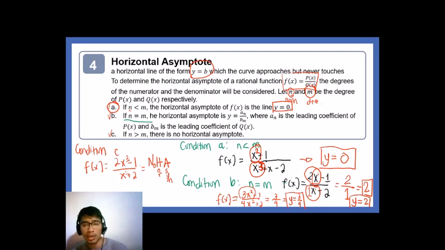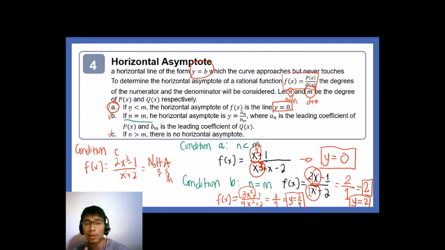Okay, so condition A, the denominator is greater, so automatically y is equal to 0. For condition B, if they are equal, you divide the numerical coefficients of the highest degree terms, and that is now the horizontal asymptote. For condition letter C, if the degree of the numerator is greater than the denominator, automatically no horizontal asymptote.